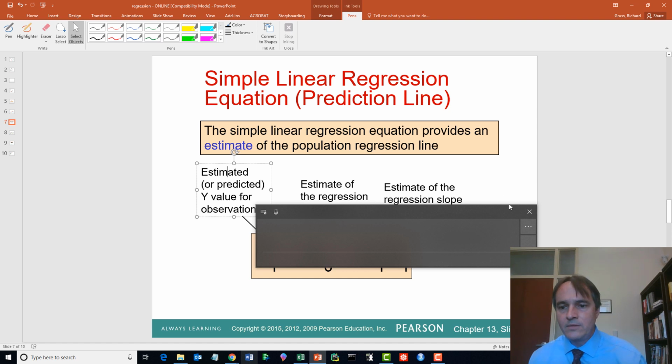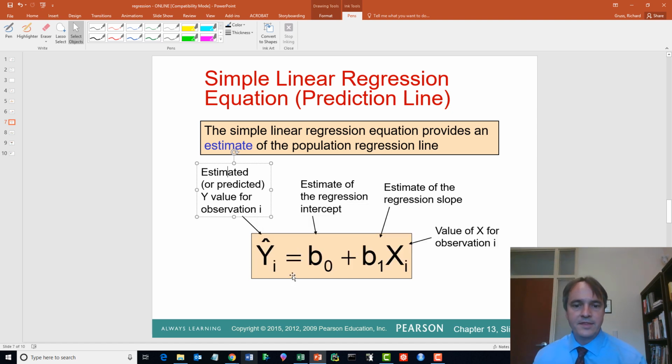Okay, so now let me go through what this one is saying. This is a slight modification of that original population model, only now, so we still have the y sub i and the x sub i, only now a couple of things have changed. We put this little circumflex over here, sometimes called a hat.